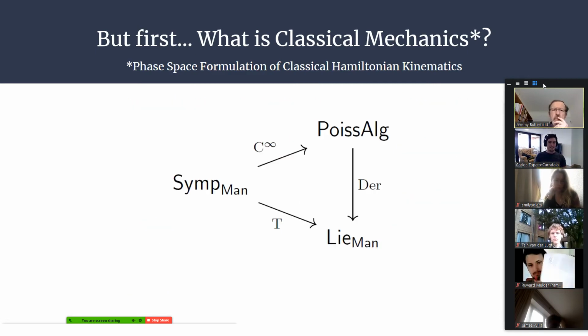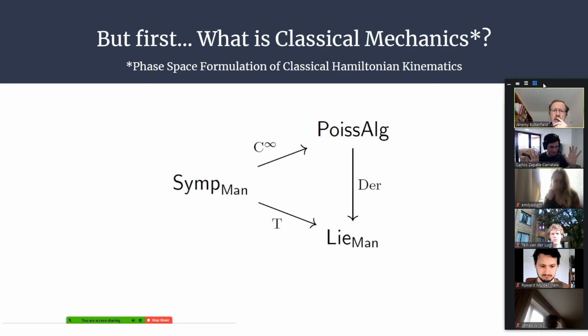So then the example is the familiar one, right? We have phase spaces as symplectic manifolds, we have observables as Poisson algebras, and we have dynamics as the vector fields over symplectic manifolds, which in this case I represent as Lie algebroids. And you have these three functors.